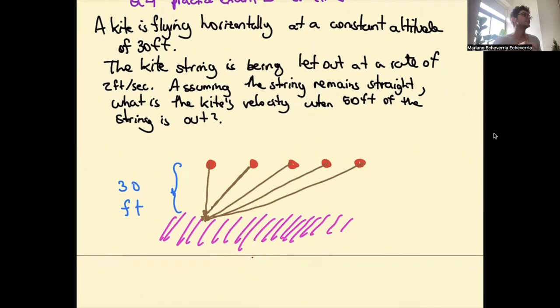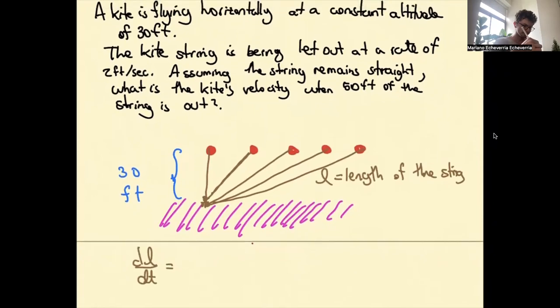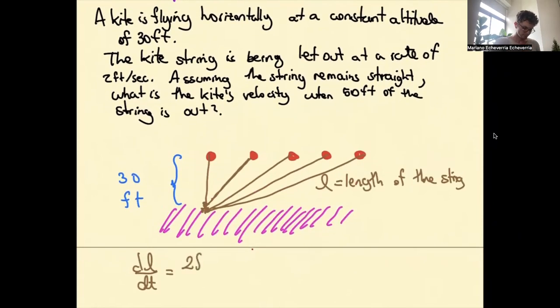So here's where you have to be a little bit careful with the names that you give to things. We can call this L for the length of the string. So what this problem is saying is that dL/dt equals what? 2 feet per second.